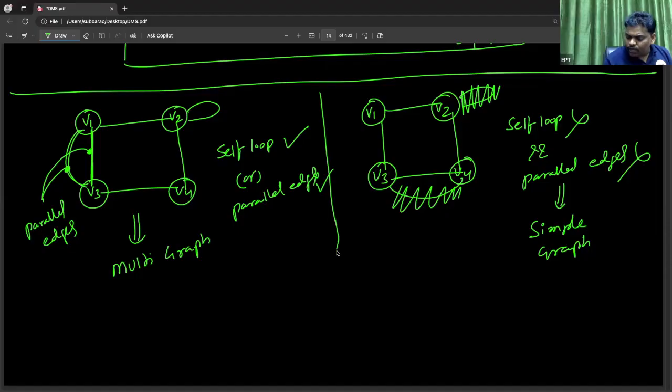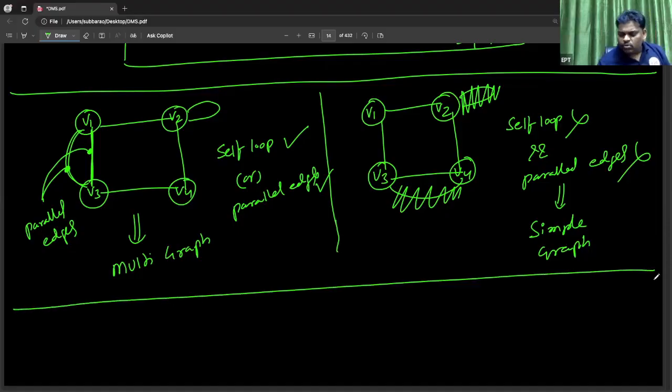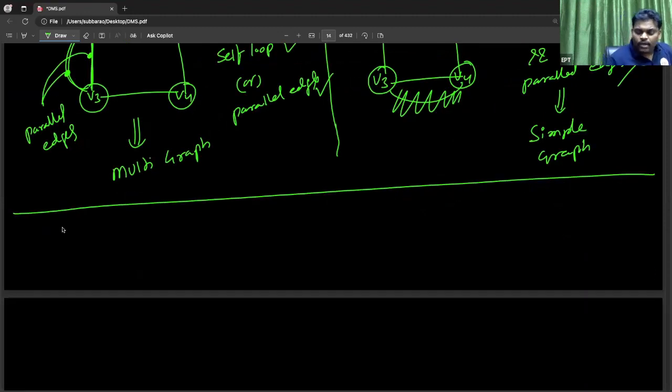Simple graph and multigraph, are you a little bit okay? Now I will ask one question. Please give an answer. Please listen.